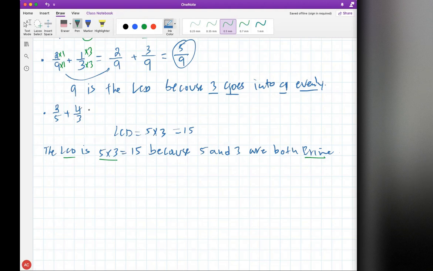So in this case, our LCD is 15. But again, we just need to multiply, turn these into new fractions. The first one, we're going to times it by 3 to make it 15, also here by 3. And the second one by 5.